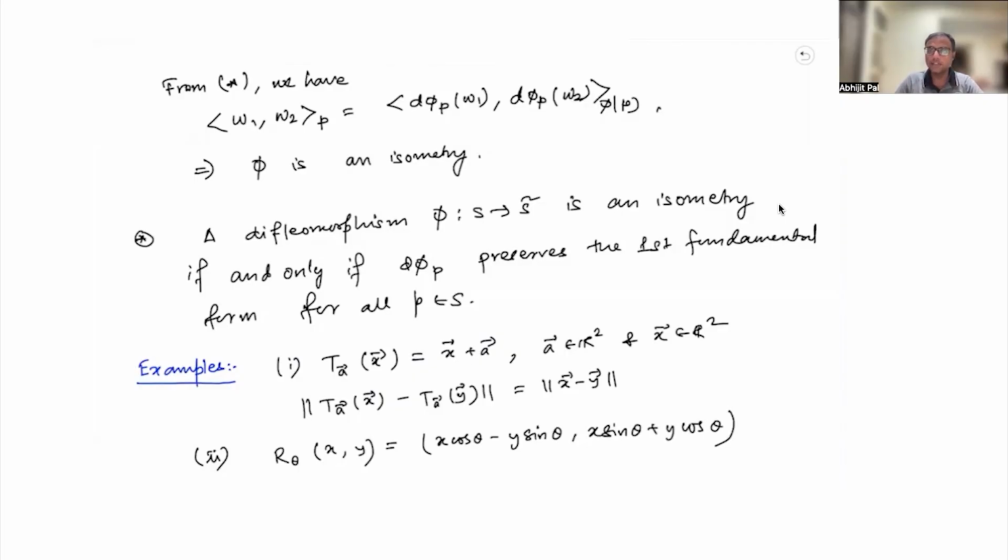So R theta is rotation by an angle theta about the origin. R theta is an isometry of R2.